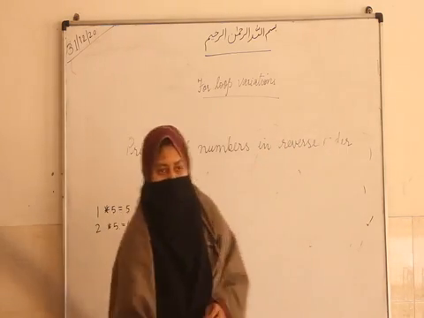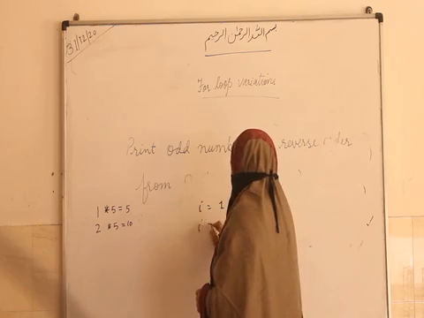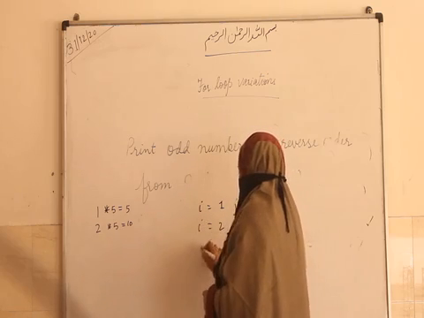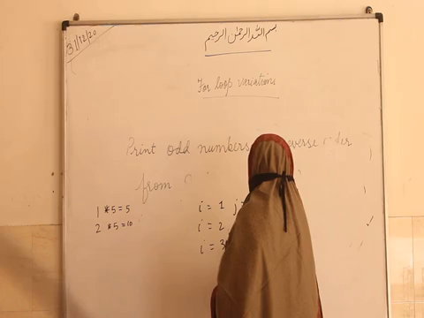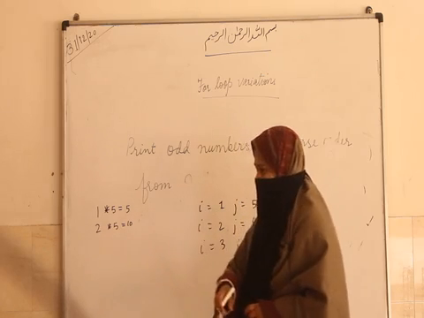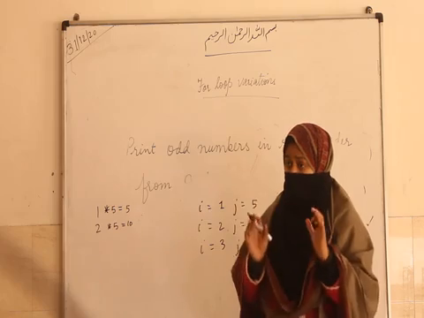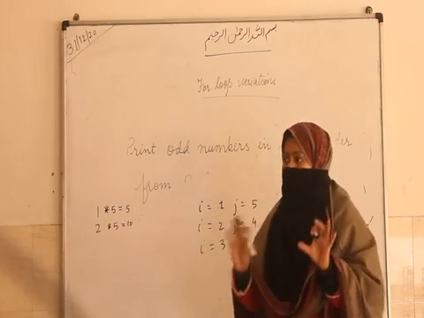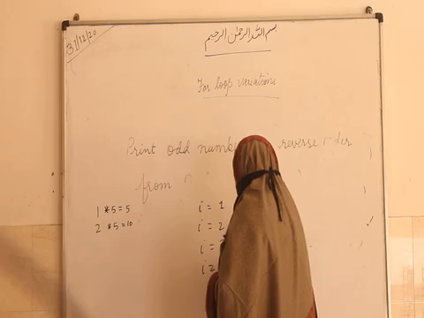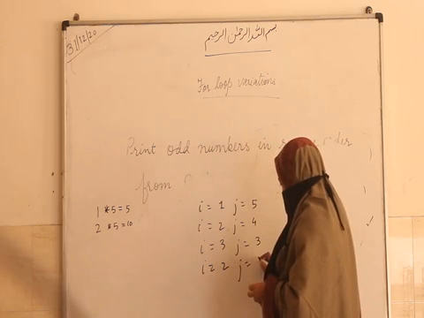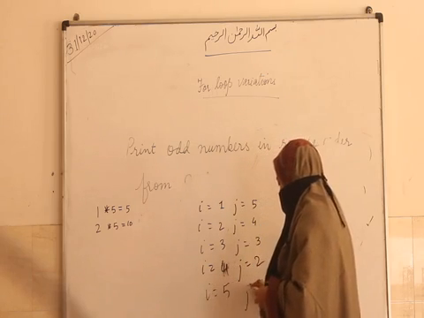The final output seen on the screen will be i equal to 1, j equal to 5, i equal to 2, j equal to 4, i equal to 3, j equal to 3, i equal to 4, j equal to 2, i equal to 5, j equal to 1.